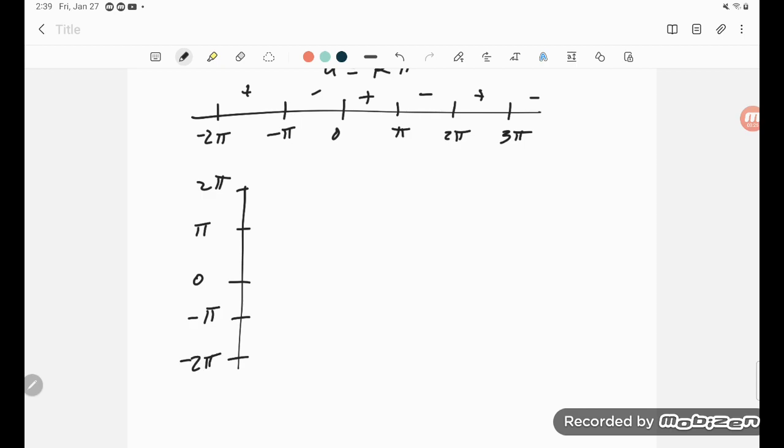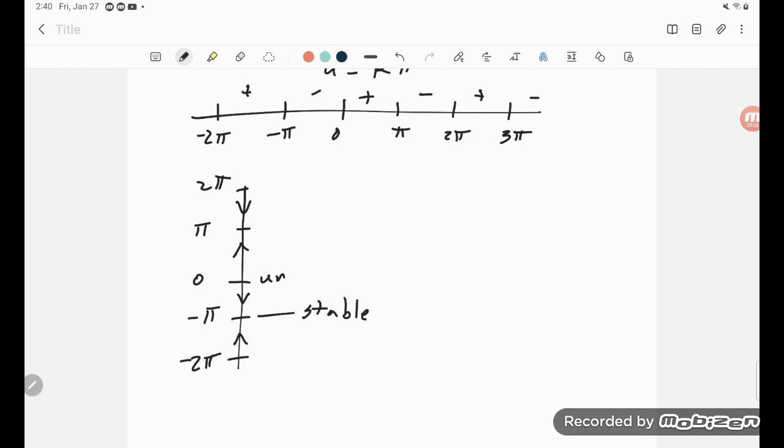Then as we look at the stability of these things, between 0 and pi it was positive, so the arrow goes up. Between pi and 2 pi, the arrow goes down. Between 0 and minus pi, the arrow goes down. And the arrow goes up between minus pi and minus 2 pi. And so, as we look at these, we see this is stable.